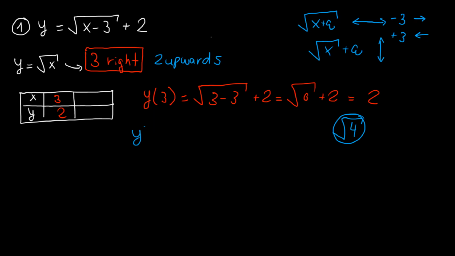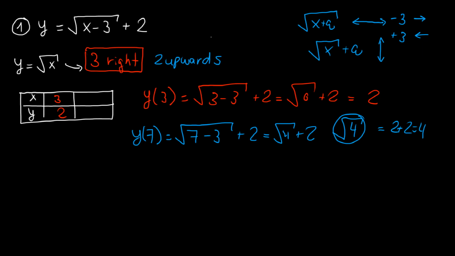So I will plug in 7: the square root of 7 minus 3, plus 2. This equals the square root of 4 plus 2, which is 2 plus 2, which is 4. So our second point for our graph is (7, 4).